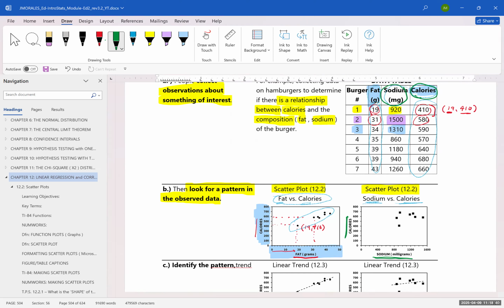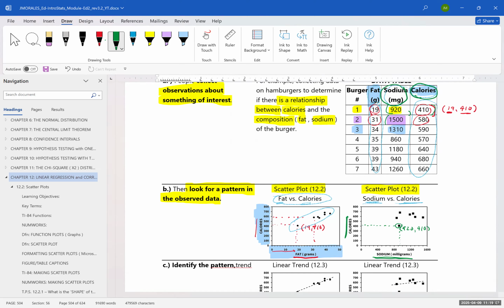One of the ordered pairs we have is 920, 410. So we come over to 920, which would be somewhere right about here, come up to 410 and come over. And that's this point right here. So that's the point 920, 410.